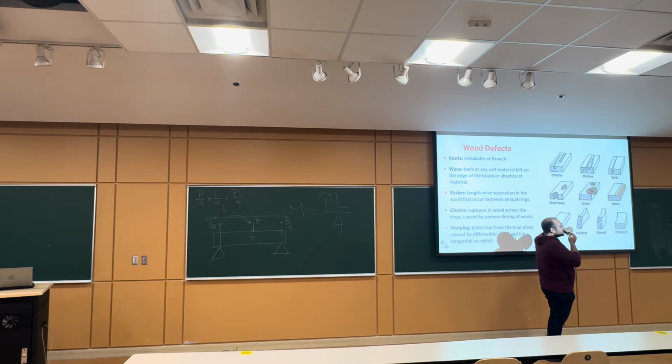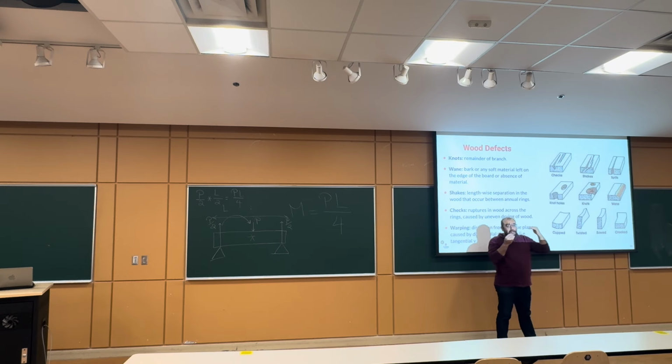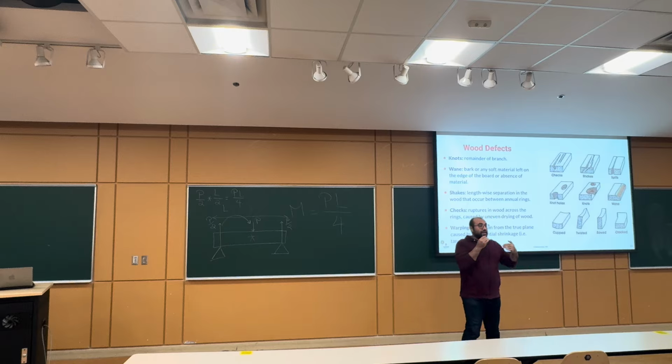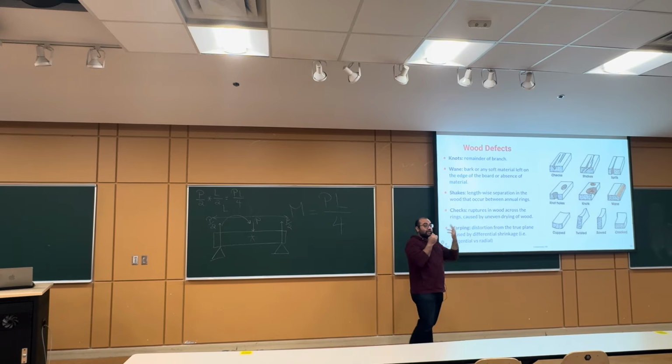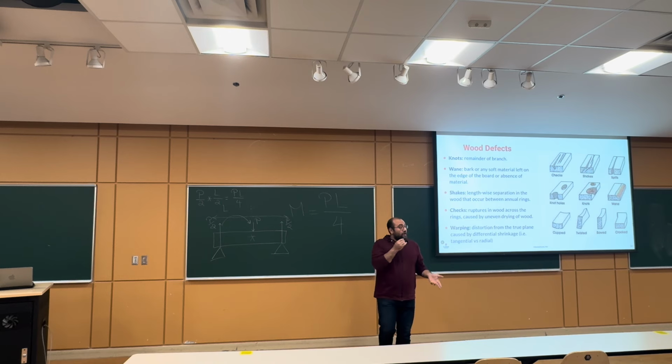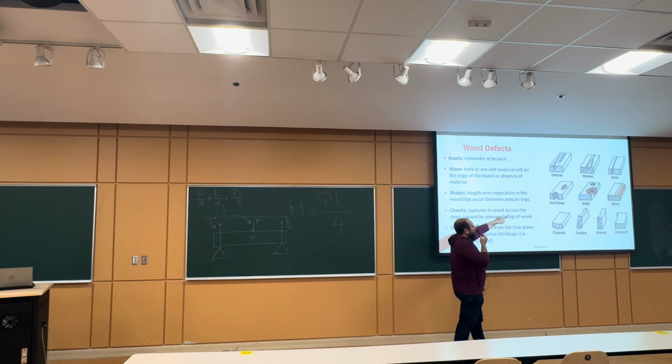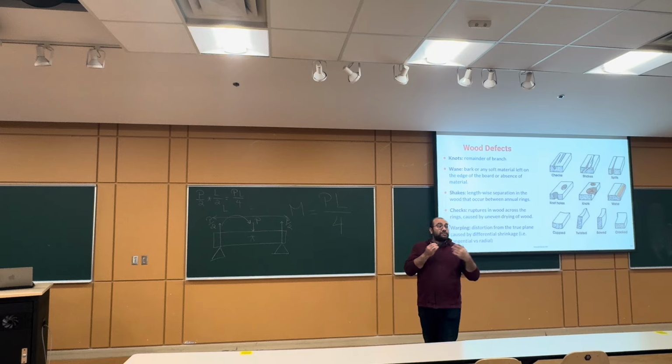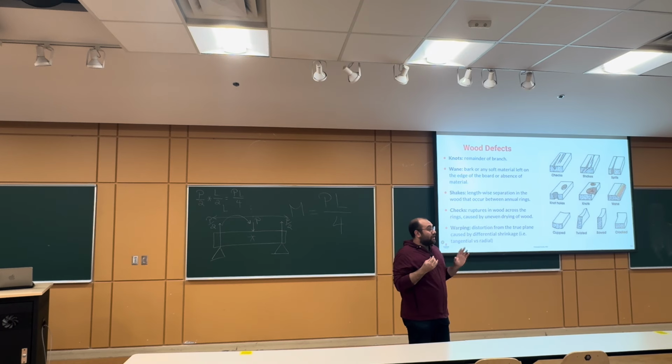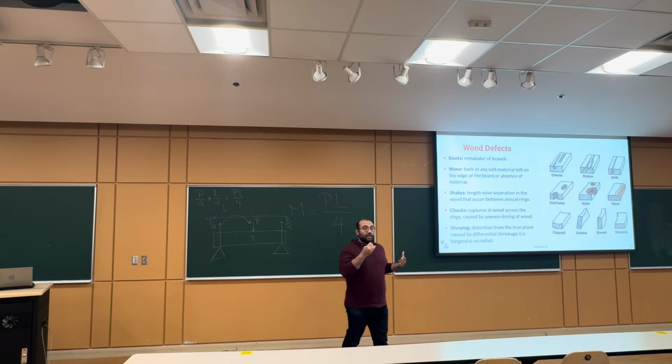As you can see, it's a bit shallow and it's not deep enough to cause a severe problem that might reject the whole piece of wood. But checks are ruptures that are much deeper than shakes and are caused by uneven drying of wood. When we cut the wood and we apply the seasoning process on it, or the drying process, we expect to have even distribution of drying over the surface.